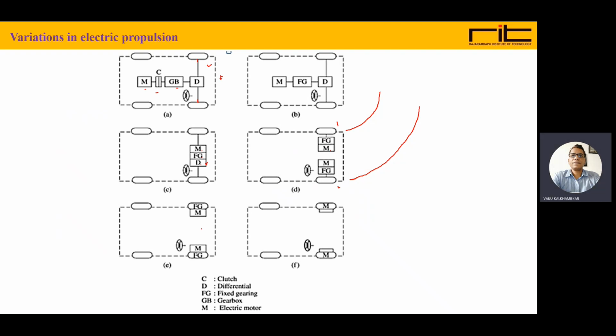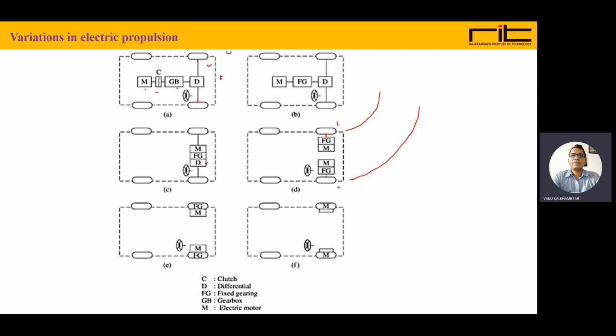In the next configuration, we can see that whatever transmission was there is also reduced. Now the motor is there, and the fixed gearing arrangement is attached to the wheel itself. With a further improvement, the motor will be part of the wheel itself, so there is no linkage with any gearing.